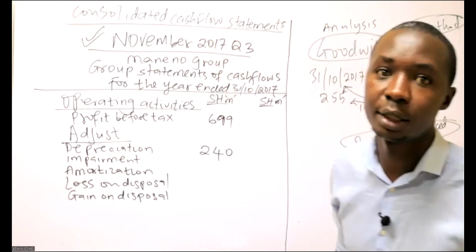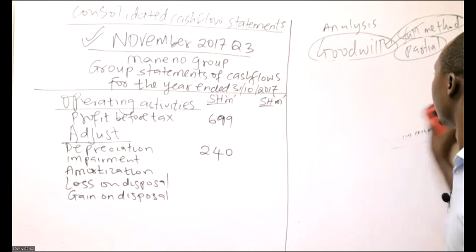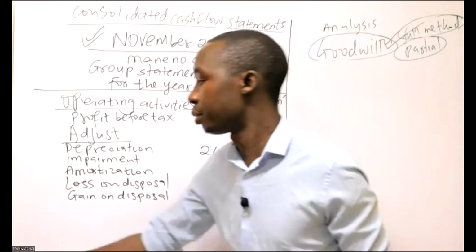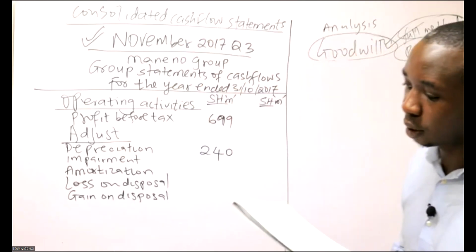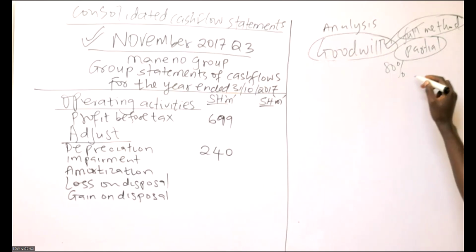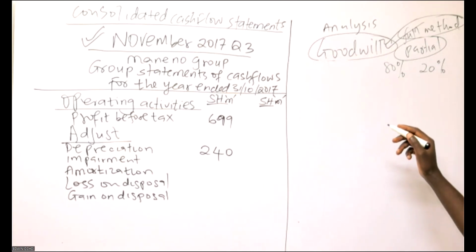The non-controlling interest is stated at its fair value. You know that the NCI is all about the percentage unacquired in the subsidiary. Like now here, it was an 80% controlled subsidiary. So 20% is for minority shareholders, the ones the parent doesn't control.